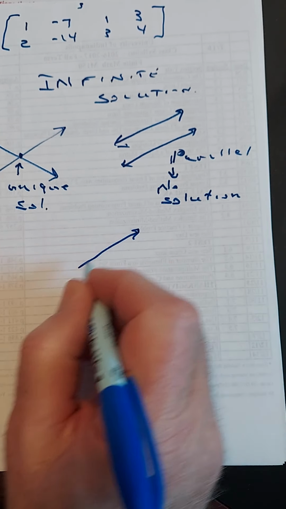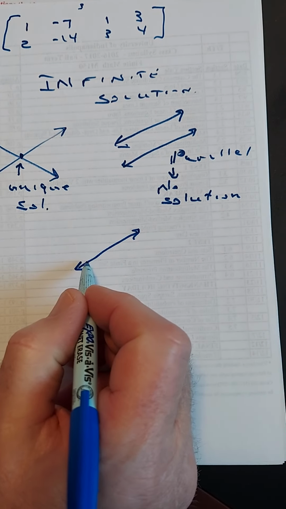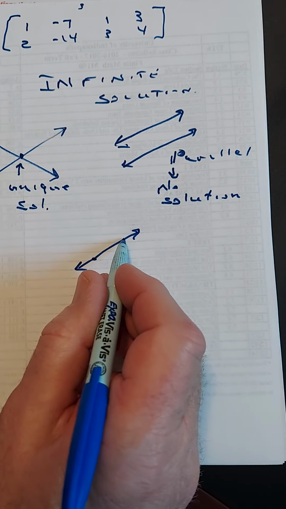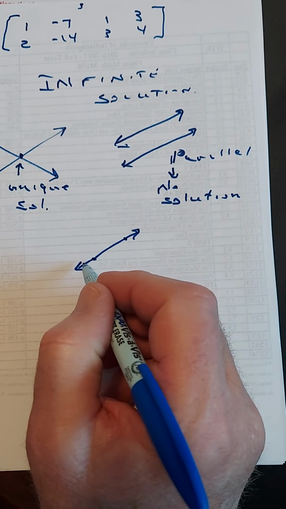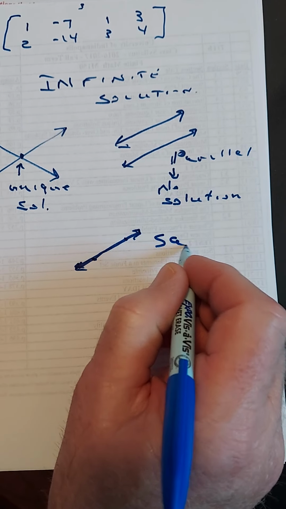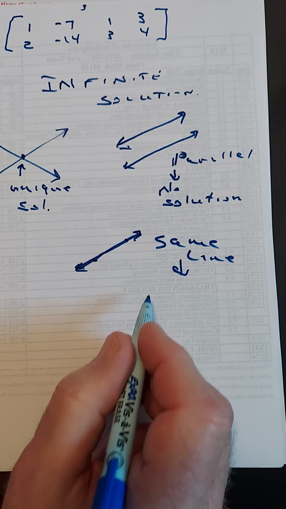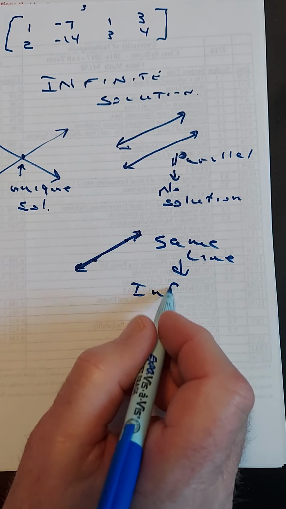Okay, and then a third situation would be this. I could have a line, and sometimes you could have the same equation. I'm going to show you in a second. But let's say I know this line goes through that point, and then I come up with another line. It goes through the same 2 points. So what you really have is the same line. When that happens, that is an infinite solution.